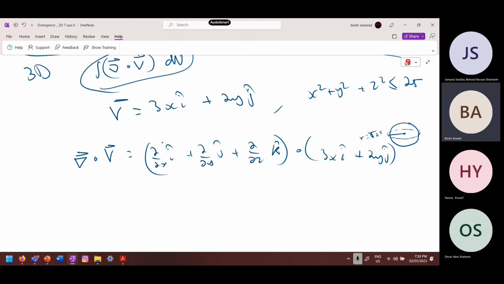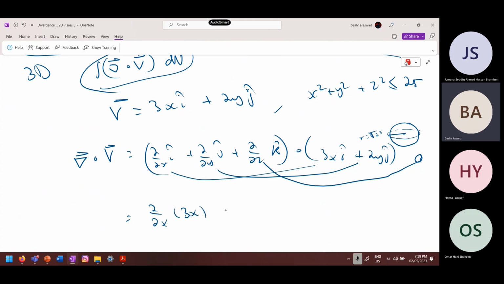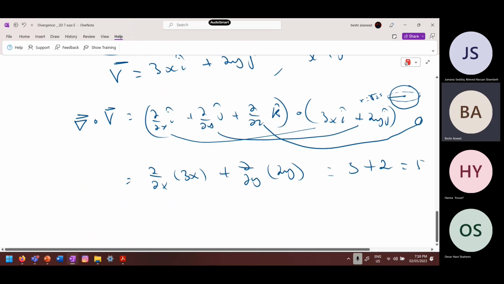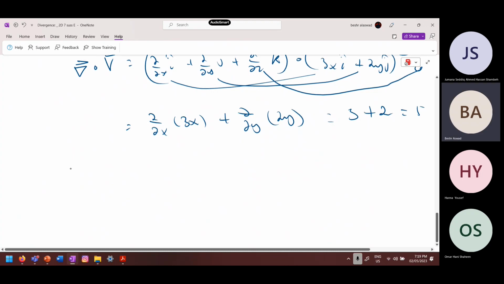Okay, now let's solve this. And k has basically a 0, so it doesn't matter. So partial of 3x over partial x plus partial of 2y over partial y, that's equal to 3 plus 2 equals 5. Okay, now substitute in the integration.